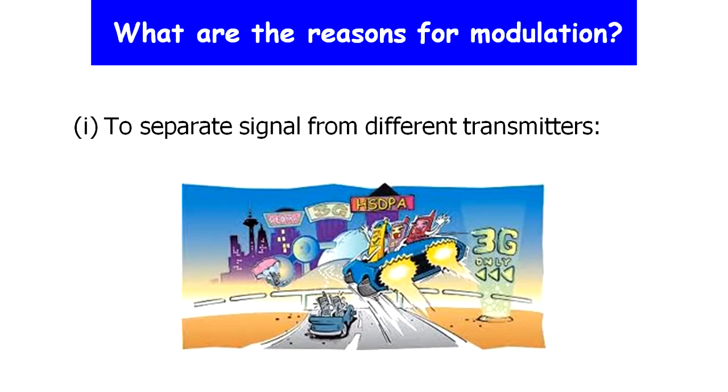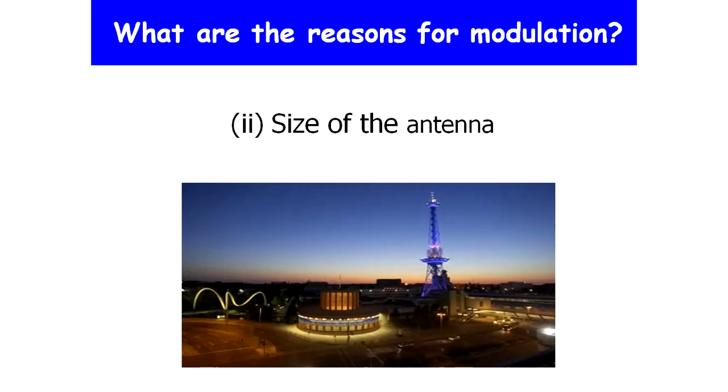So apart from this, if you are going to transmit any other signals in either range, it is very difficult. It is unnecessary also to transmit all those signals. So you have to separate. So the first reason why we need modulation is to separate the signals from each other. Okay.